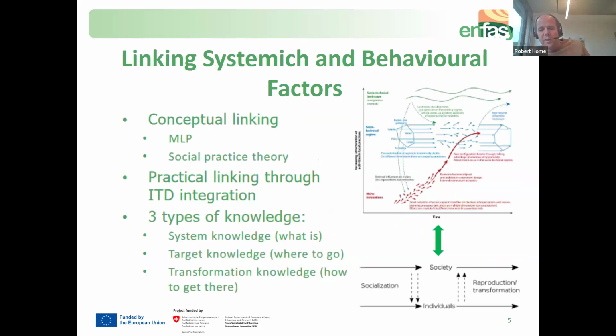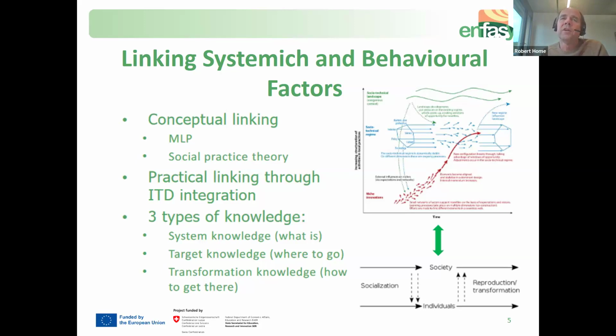And another issue we were faced with is how to link behaviors, because behavioral factors can be individual behaviors, but they can also be systemic behavioral factors. So they can be within a person or an organization, or systemic. And the way we chose to link these was using the multi-level perspective, which I think most of us are familiar with from Geels.